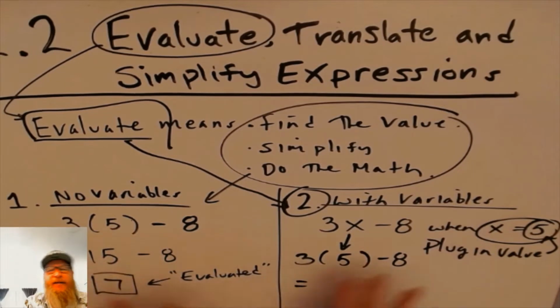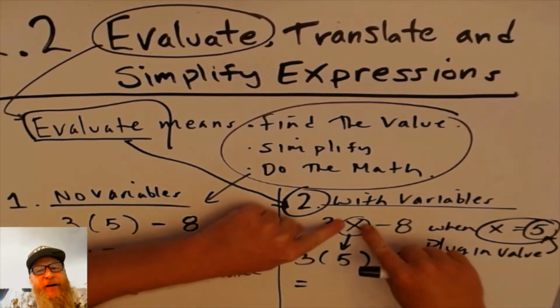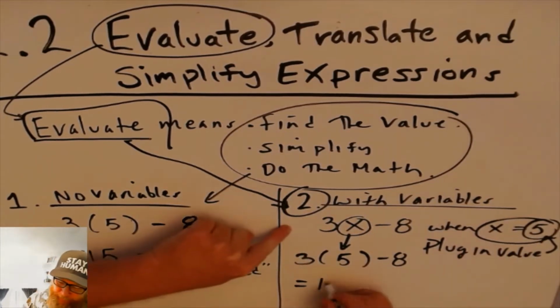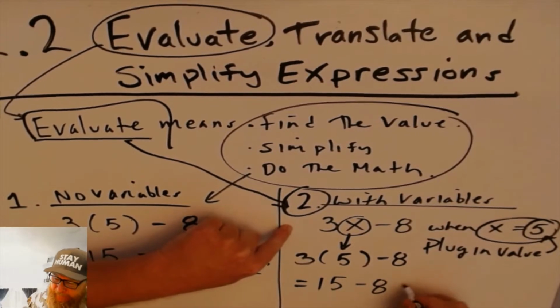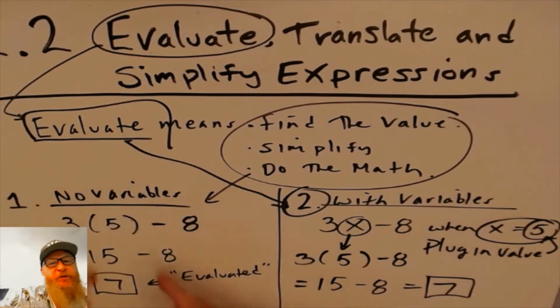And notice I intentionally made these the same problem. So now you are replacing the variable x with the given value 5. We already know the result, 15 minus 8, and the value is 7. So throughout this course, I will sometimes say evaluate when there's no variables.